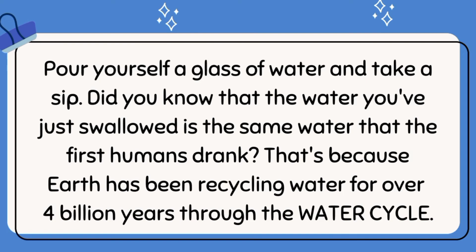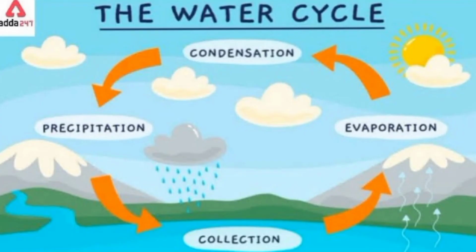Yes. What's the water cycle? The water cycle is the movement of water around the Earth. For example, you can see in this water cycle we have the condensation, precipitation, collection, and evaporation. And you can see we have water in all water bodies like the river, the stream. So when it hits the rivers, it evaporates and forms heavy clouds in the atmosphere.